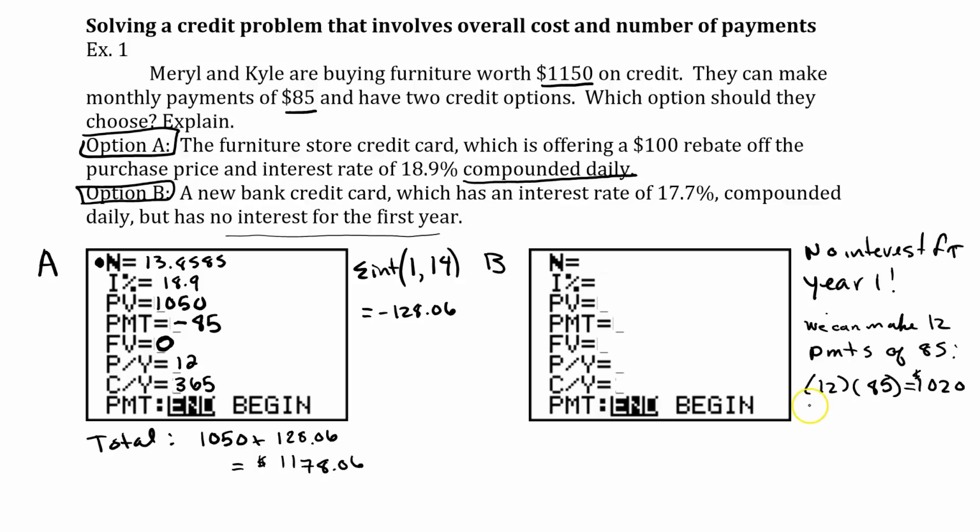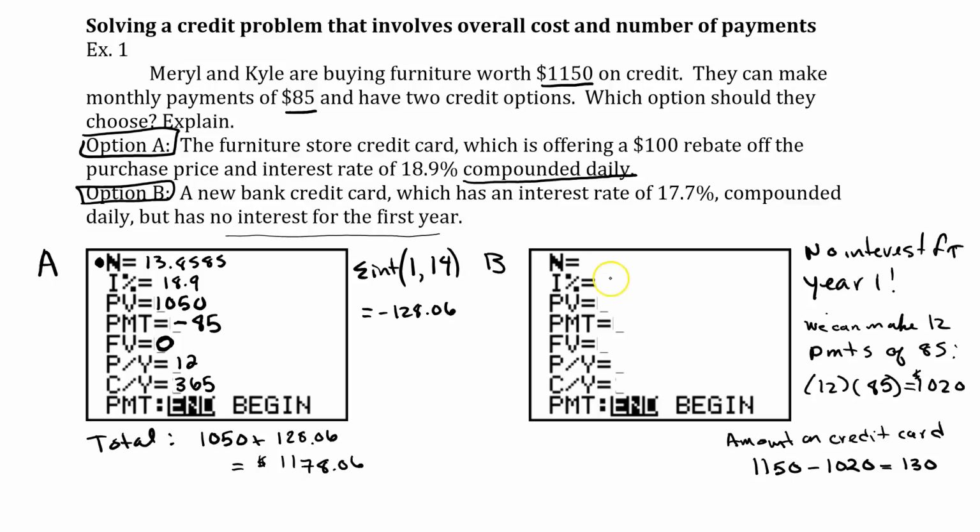charged interest for it. So the amount that we need to put on the credit card actually will be the full amount of the loan minus the amount that we can pay off in 1 year. So essentially all that's going to be collecting interest after that first year is going to be $130.